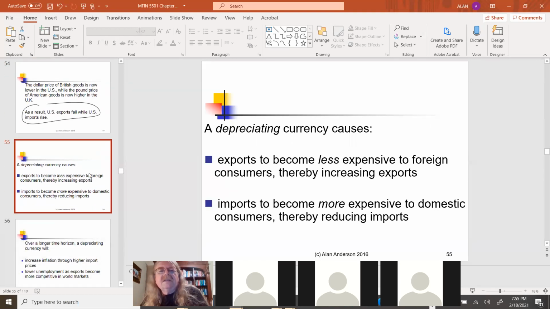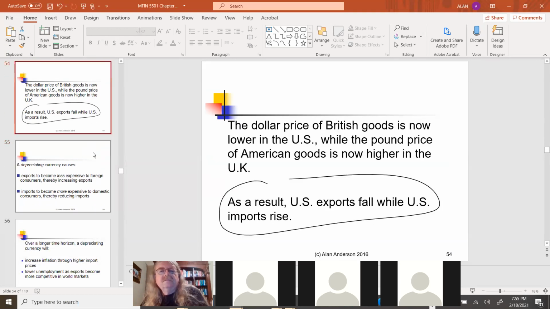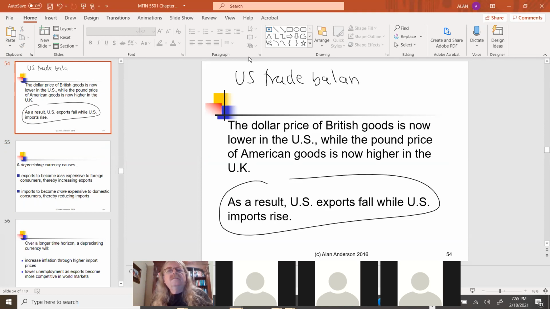The trade balance gets worse. Okay, so the US trade balance worsens. And that also, of course, means that the UK trade balance improves.